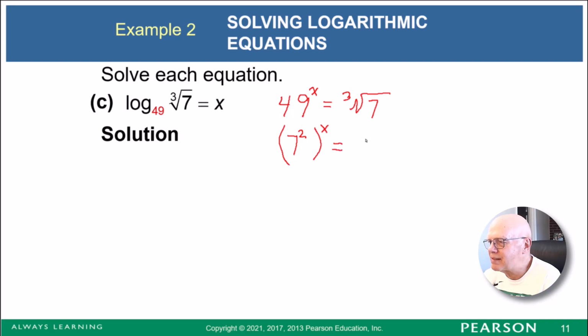And on the right side, since this is a cube root, we can make 7 to the 1/3 power. We'll go one step further. We're going to make this 2x because a power to a power, you multiply the exponents. And here we've got 7 to the 1/3.